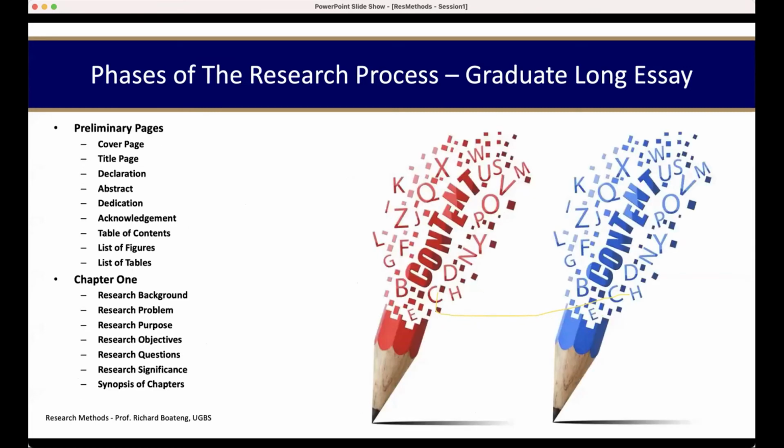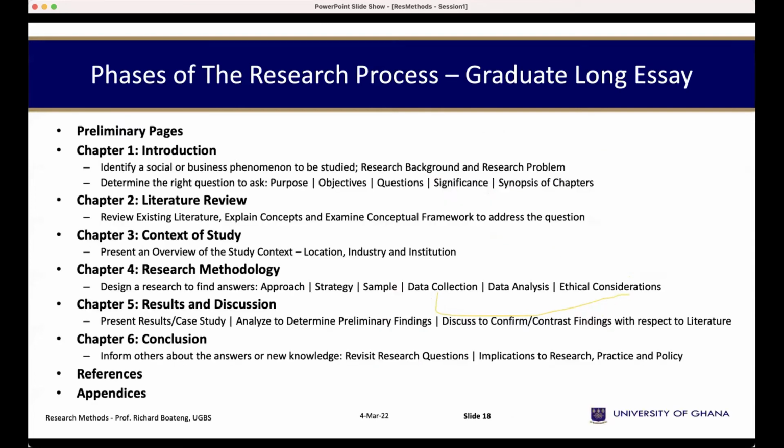Now we said the preliminary pages are part of what you submit to graduate school, if you are doing a long essay. But if you are doing a thesis, the difference with the MPhil students is that at chapter 3, you can have a whole chapter called theoretical foundations, and that could bring a change.